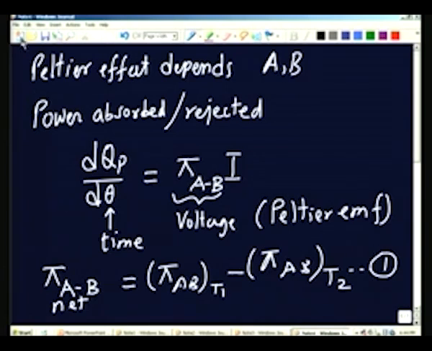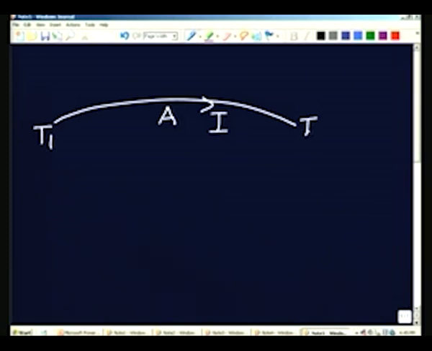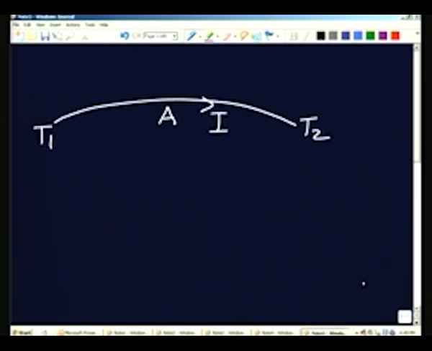So, let us look at what else is going to happen. We have considered the Peltier heat, and now suppose I take a single element A. Of course, in the previous sketch we had a B material also connected to form two junctions. I am taking one of them now, and I am maintaining a current through that, and this end is at T1, this end is T2, and if you just go back, you will see that T1 is less than T2.